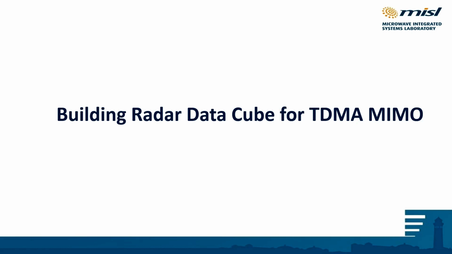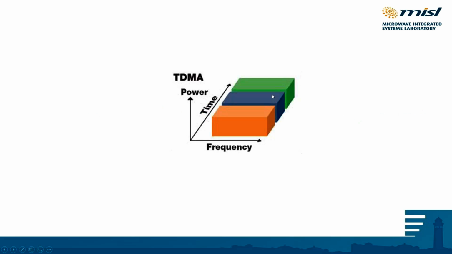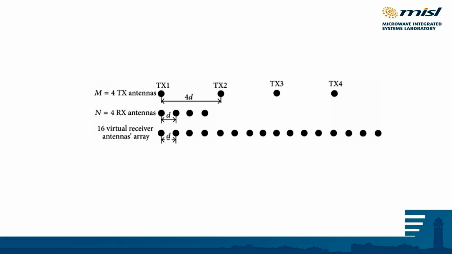In this video, I'm going to explain the formation of a radar data cube for TDMA MIMO. Well, I hope most of you know what TDMA is. TDMA is basically time division multiple access. In a TDMA based system, only one of the transmit elements transmits at any instant of time, whereas MIMO is multiple input with multiple outputs.